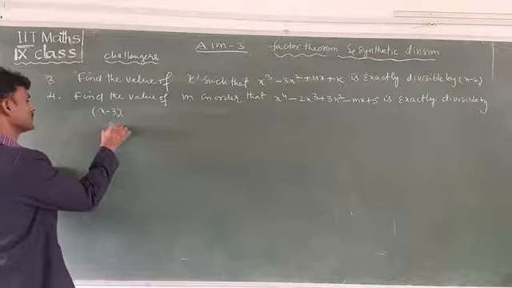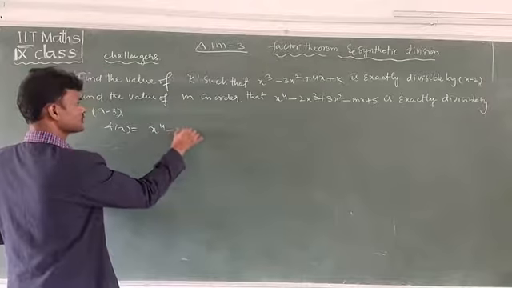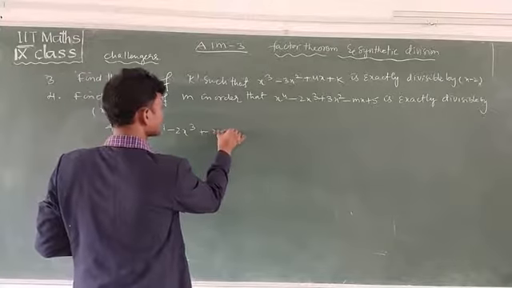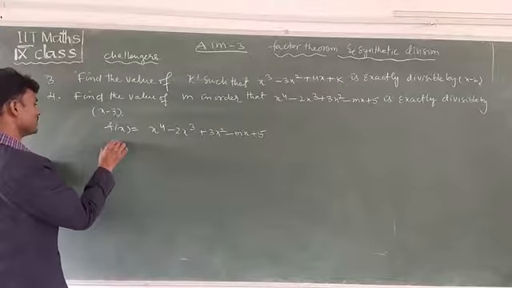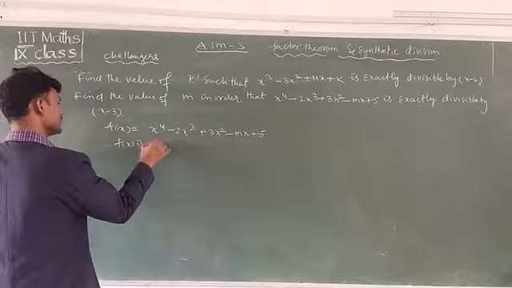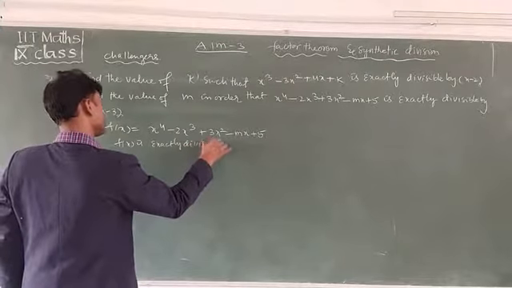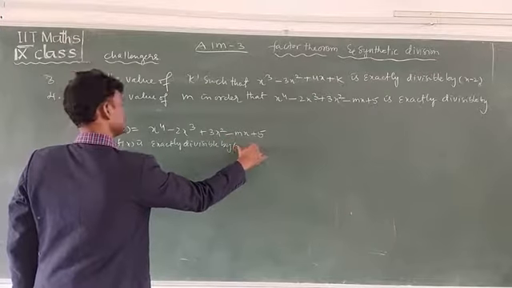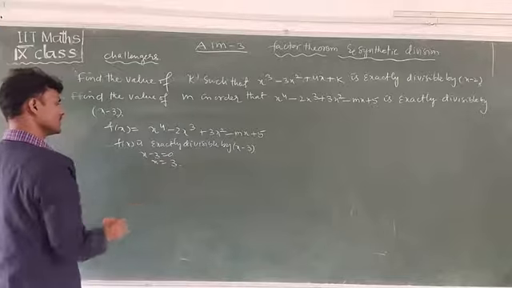Now given polynomial you can write here f of x is equal to x to the power of 4 minus 2x cube plus 3x square minus mx plus 5. Okay, f of x is exactly divisible by x minus 3. Then x minus 3 is equal to 0. Then x is equal to 3.